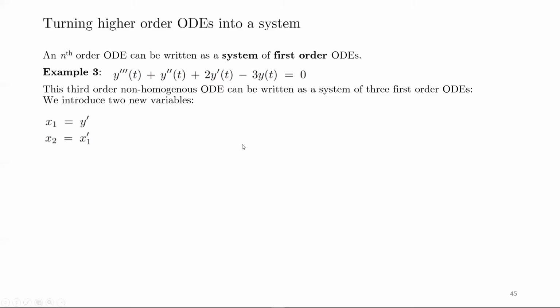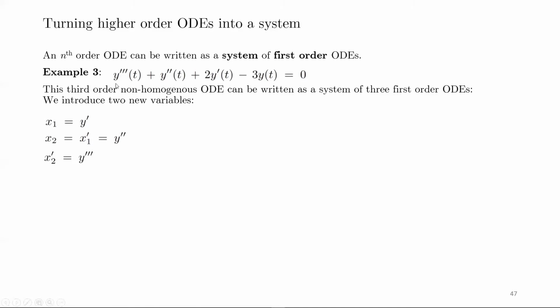Okay, but x1 prime, if I take the derivative of x1, I'm actually going to get y double prime. Okay, so x2 equals y double prime. Well, I want an ODE for x2, so I'm going to take the derivative of x2. So x2 prime is equal to y triple prime.